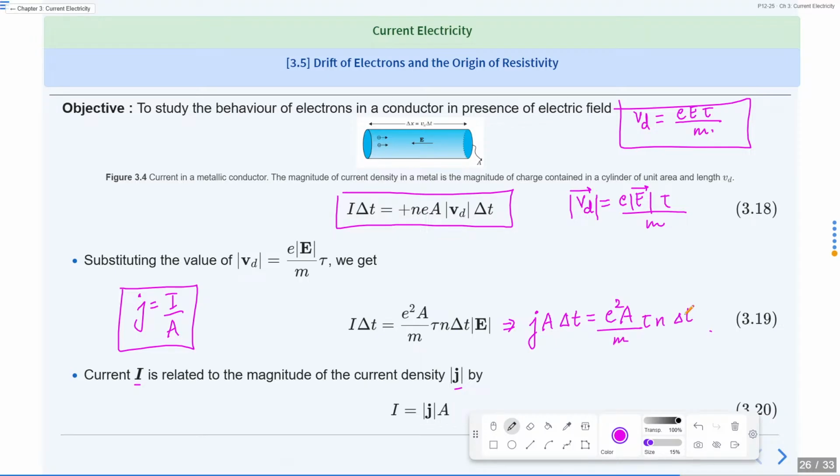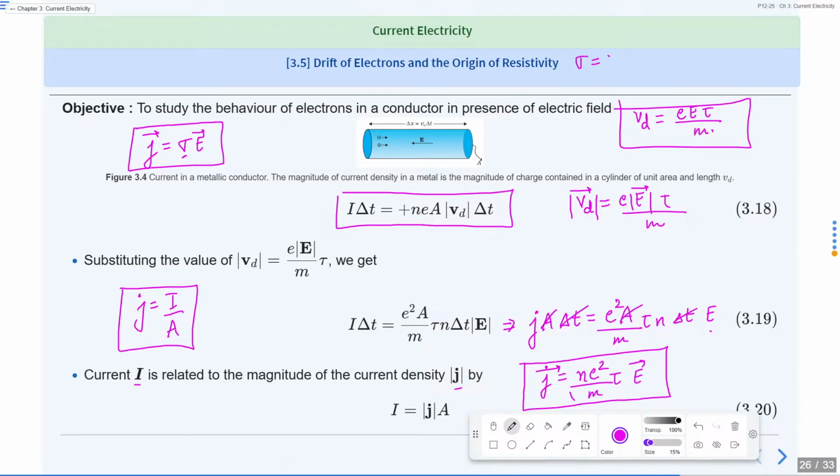We can cancel out area and delta T, so we get J equal to n e square tau by m times E. In vector form also we can write this, and we have seen the vector form of Ohm's law, that is J equal to sigma E, where sigma is equal to n e square tau by m.